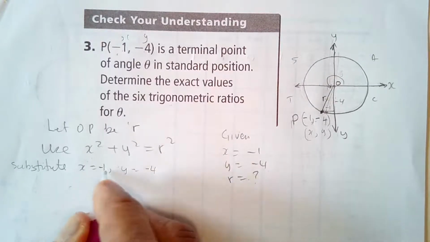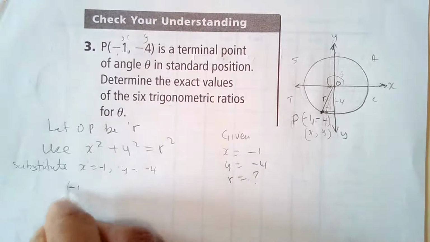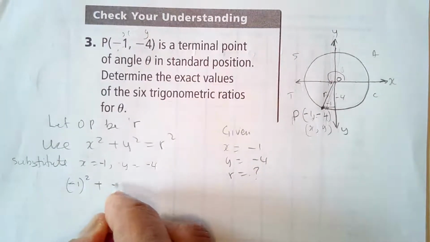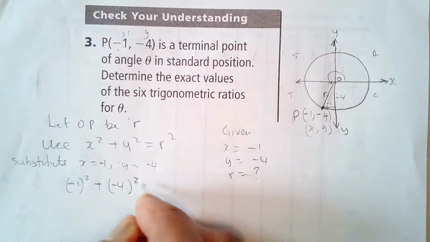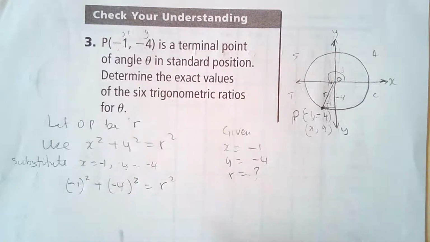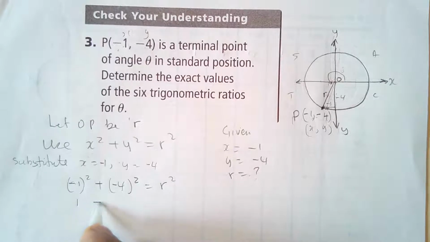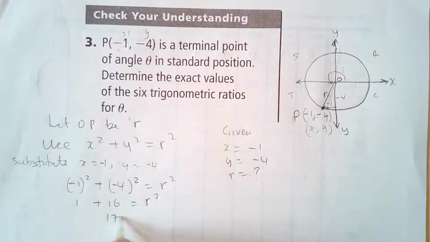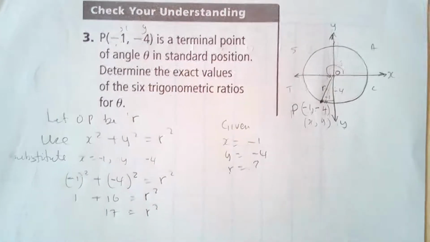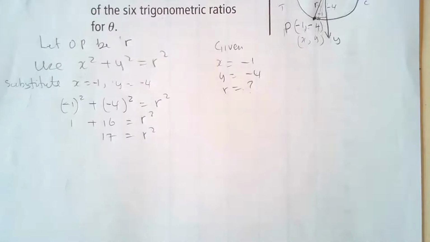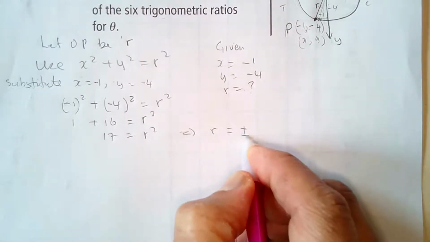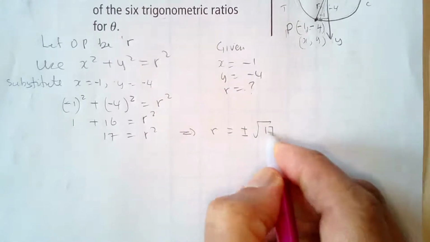So we have (-1) squared plus (-4) squared is equal to r squared. So we have 1 plus 16 is equal to r squared. So we have 17 is equal to r squared. So we said r is equal to plus or minus the square root of 17.